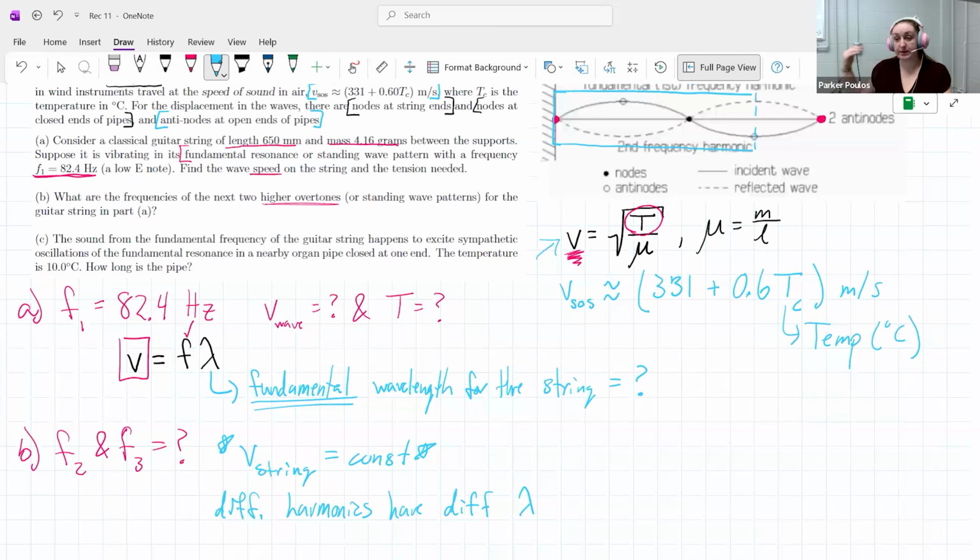So once we reason through what those different wavelengths are for the different harmonics, then we can plug those in with the velocity we found in part A to get these F2 and F3 frequencies.